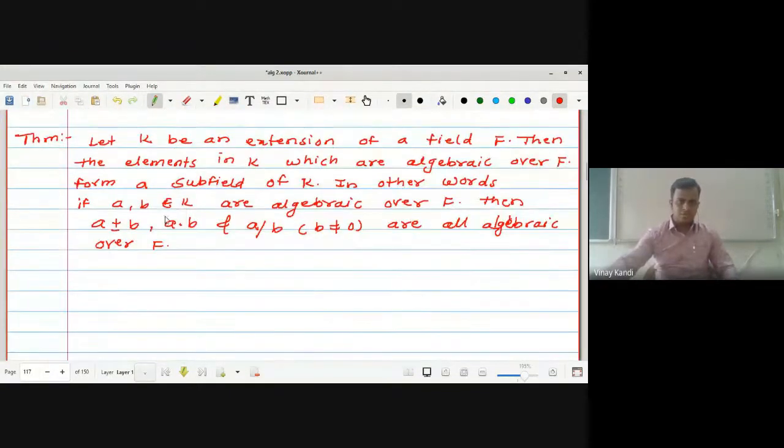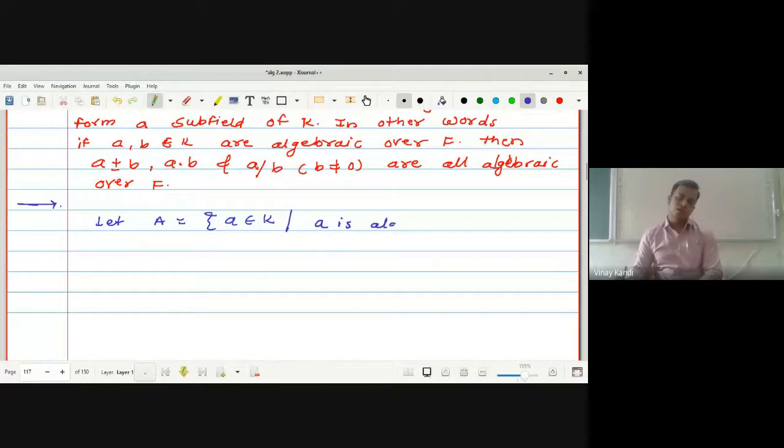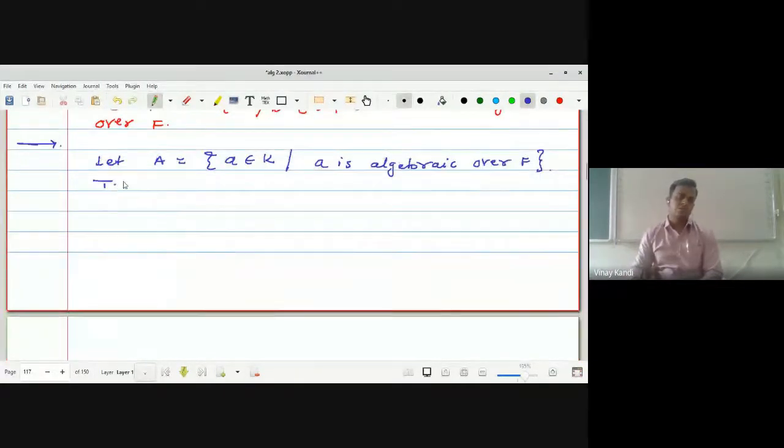Okay. So here, let K be an extension of F. The elements in K which are algebraic over F form a subfield of K. This means a plus or minus b, a into b, a divided by b, with b not equal to 0, are all algebraic over F. Now look at the proof. Let the set A be equal to the set of a belonging to K such that a is algebraic over F. We have to prove that the collection of all the elements of K which are algebraic over F forms a subfield.